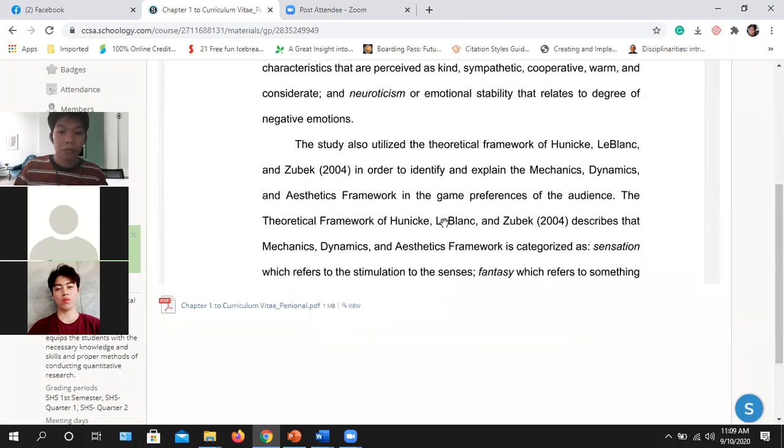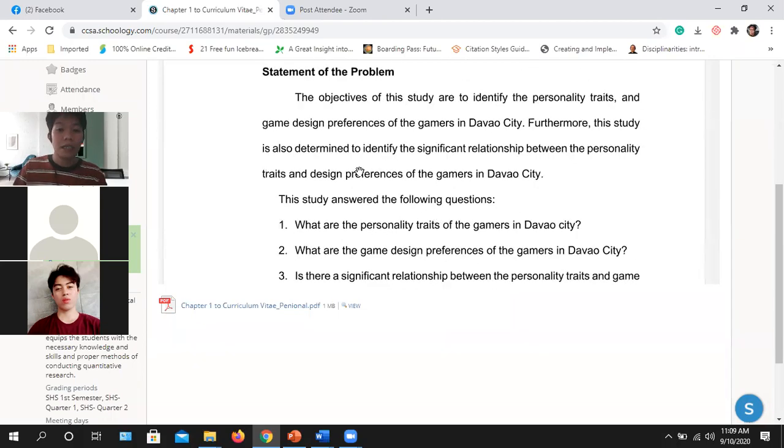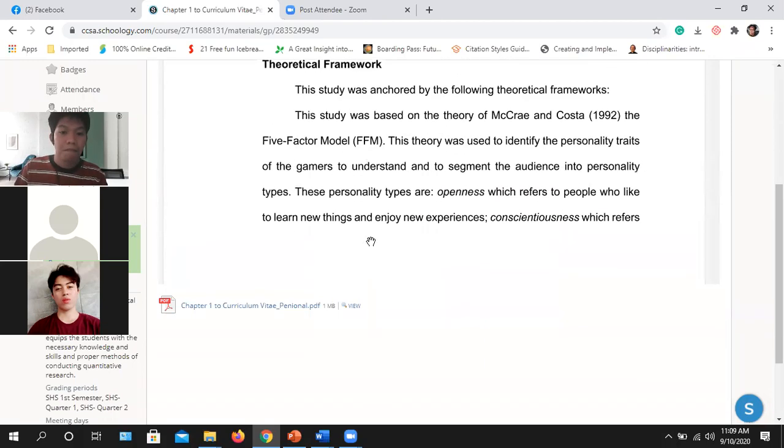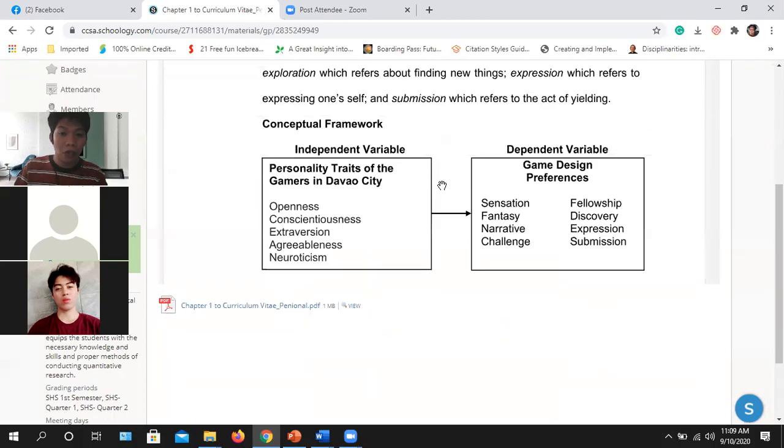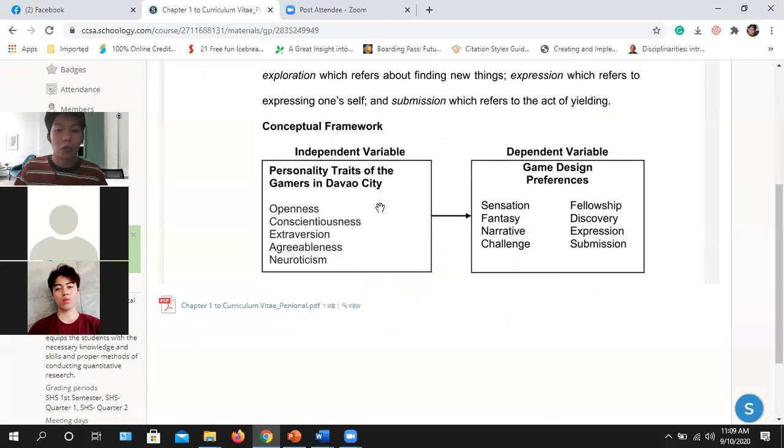So, based on the statement of the problem, ganito dapat yung itsura ng conceptual framework. Since you want to identify if there's a relationship between the two, yung independent variable mo is yung personality traits, and the dependent variable is the game design preference. You're trying to identify if the personality traits of the gamers can affect their game design preferences.